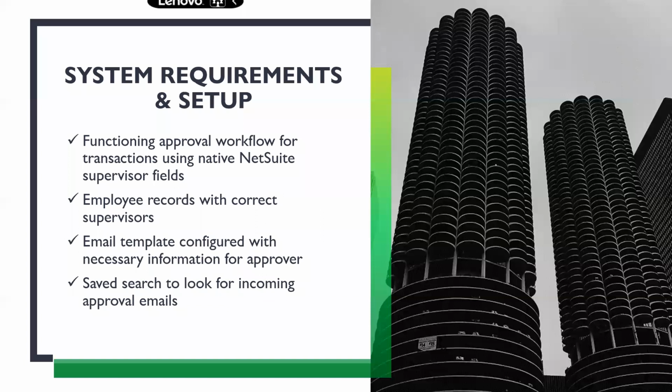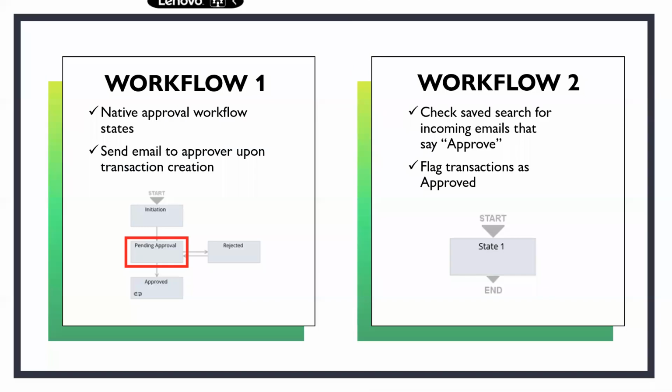So how this all functions is essentially two workflows. As you can see, I have workflow 1 here, which is just a very simple standard NetSuite native approval workflow. The only change that we made to this is that we added an action to send an email to an approver upon the creation of a transaction.